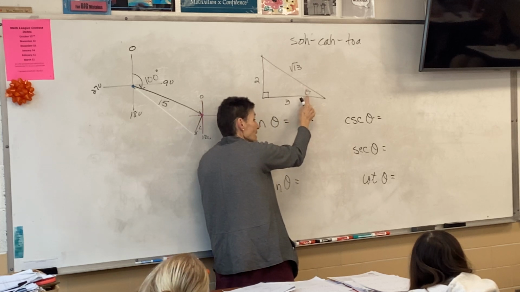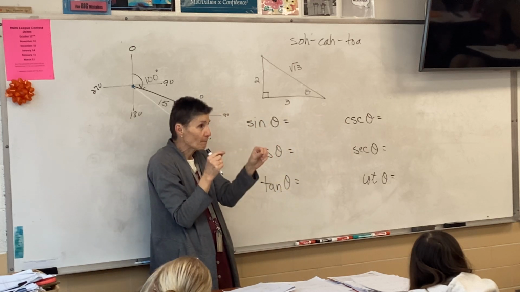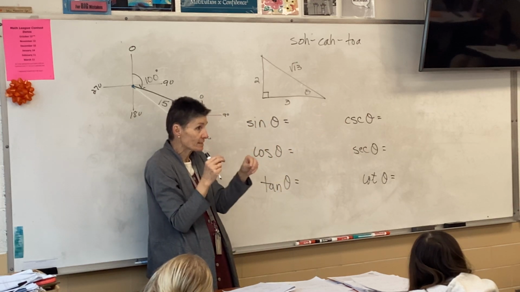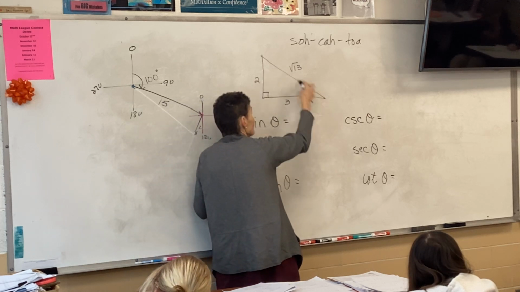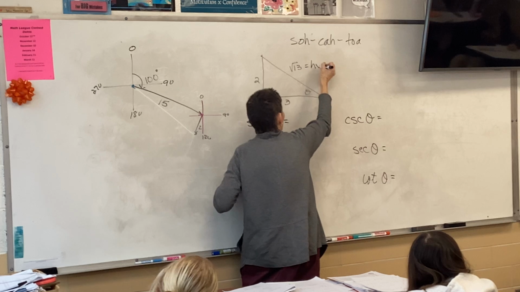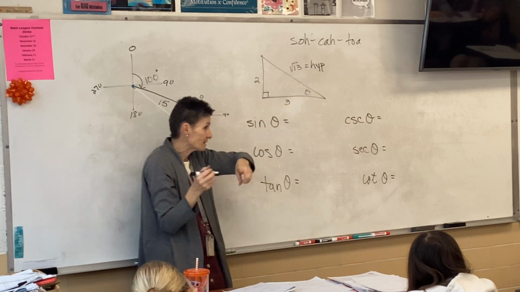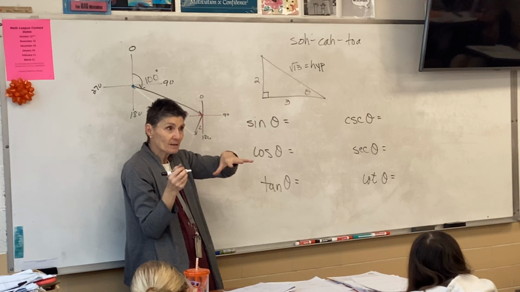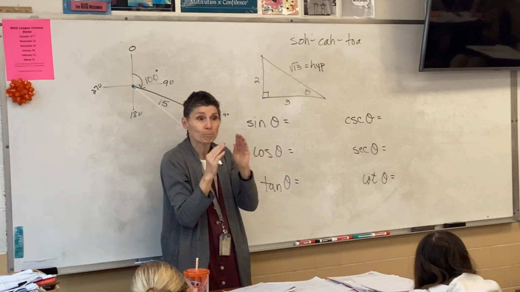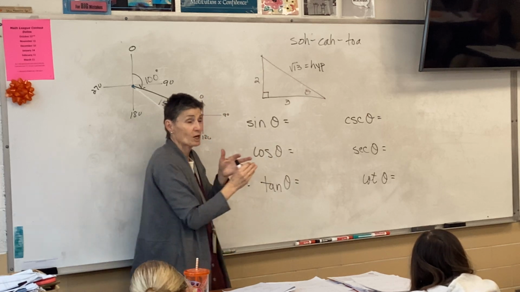Relative to that angle, you need to figure out which side is opposite, which side is adjacent, which side is hypotenuse. Now, the hypotenuse is the easy one. We're not going to get confused about what the hypotenuse is, right? It's the slanted one. But now you've got to figure out, because it's going to change from problem to problem, which one is opposite and which one is adjacent.